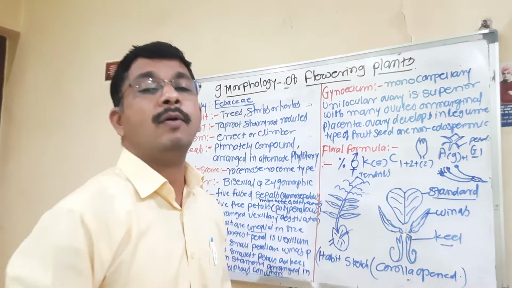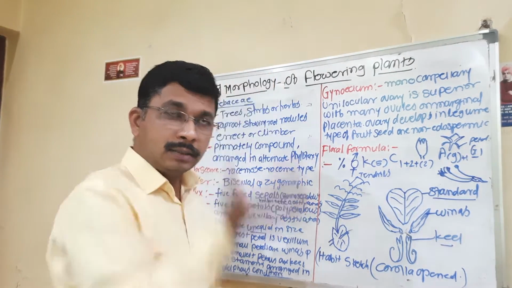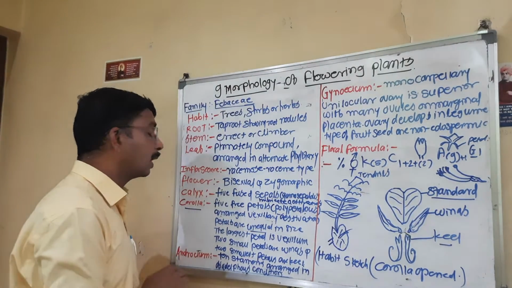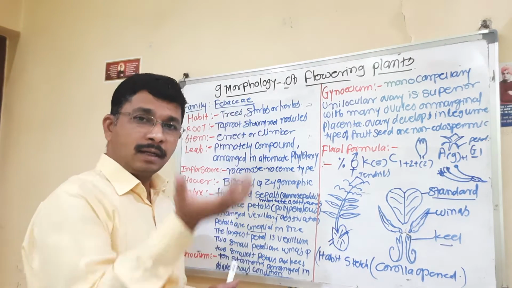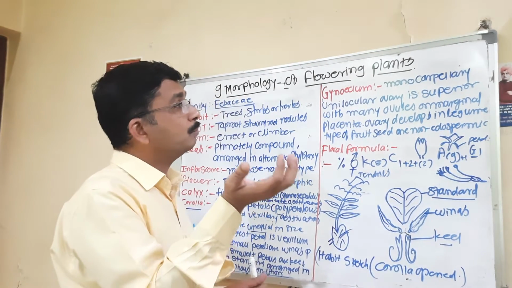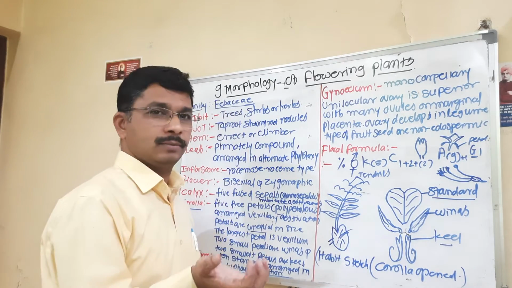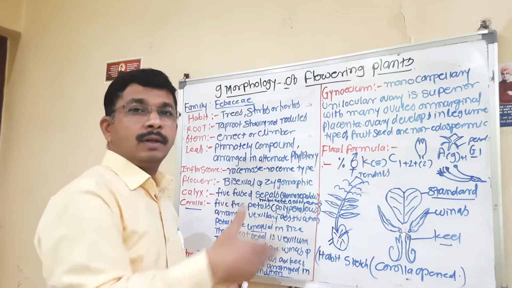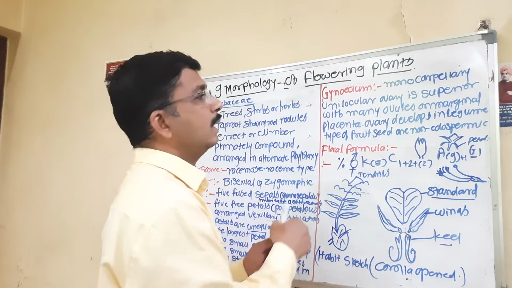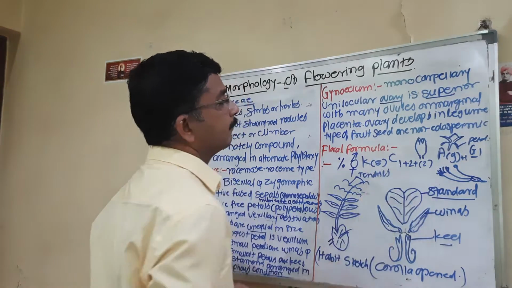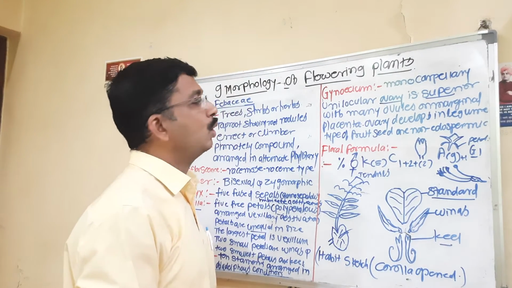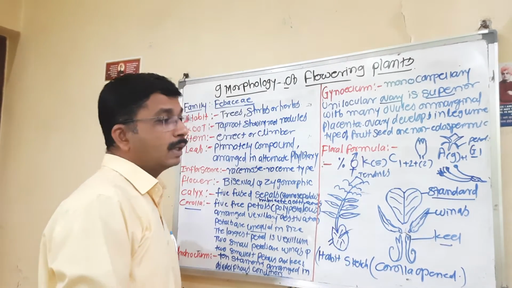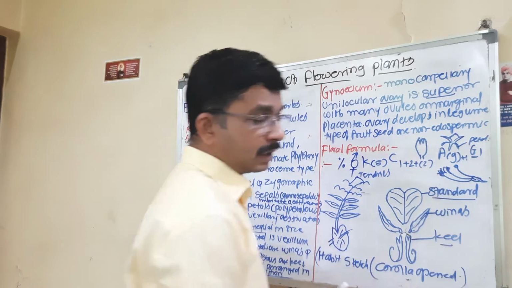The other floral whorls, that is the androecium, calyx and corolla, are under the gynoecium, and the gynoecium is in a superior position, above those floral whorls. That's why we call it ovary superior with many ovules on marginal placentation. Many ovules are present there and they show marginal placentation.